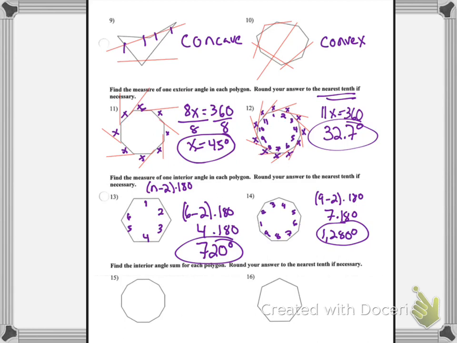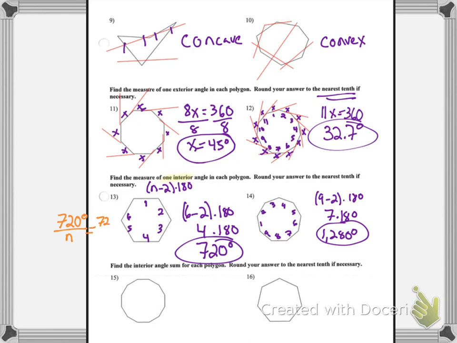So as you see, what I just did did not totally answer our question. It says find the measure of one interior angle of each polygon. So we actually need to go back. I'm going to do that in orange and fix this. So for one interior angle, if this is the total sum that we just found, we're going to have to take our number, 720, and divide it by the number of sides, so divide it by n.